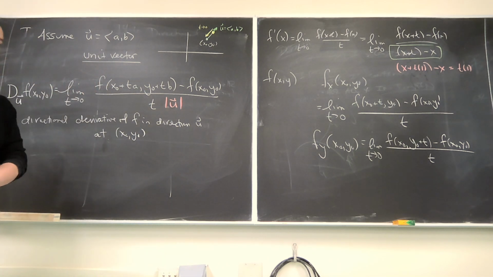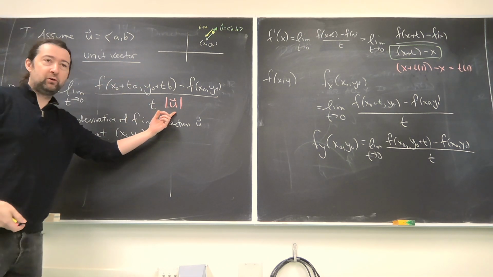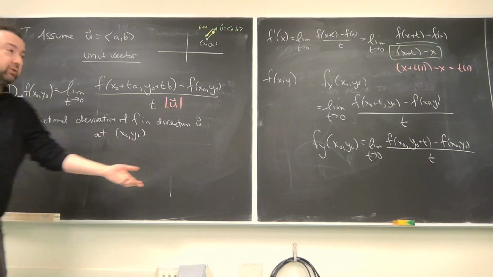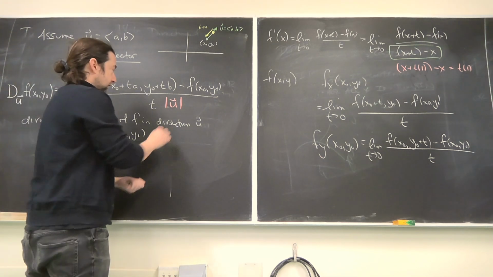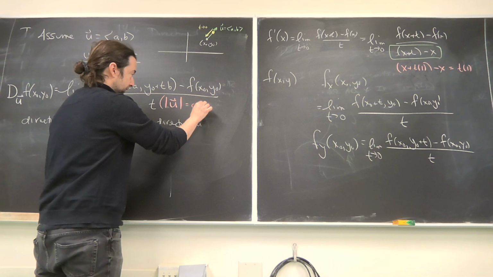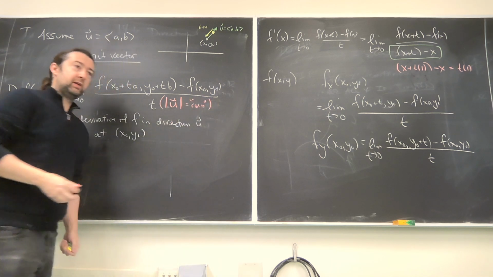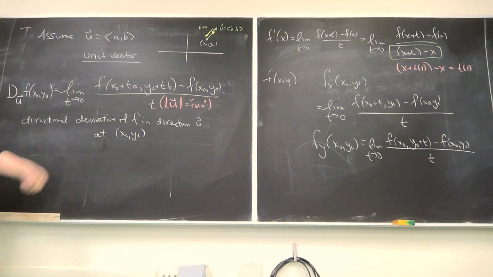I can set this up for any vector I want, but if it's length 1, then that term just vanishes. So why not just assume the vector is a unit vector? This is like the run in a slope calculation, so we're assuming the run is equal to 1 so that whatever number comes out is the rise. So any vector you have, just make it into a unit vector.